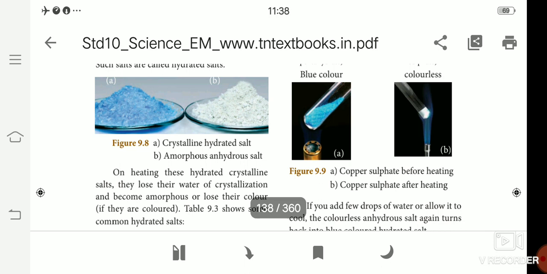So when copper sulfate is heated, the salt changes into white color; the crystalline form is changed into amorphous form.